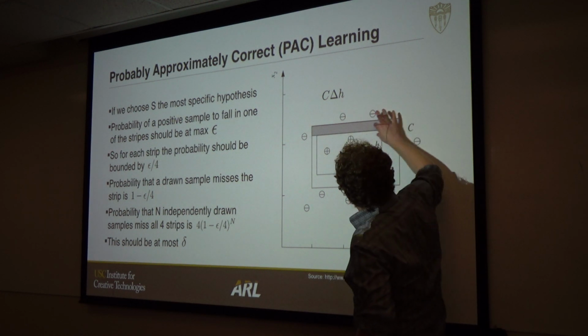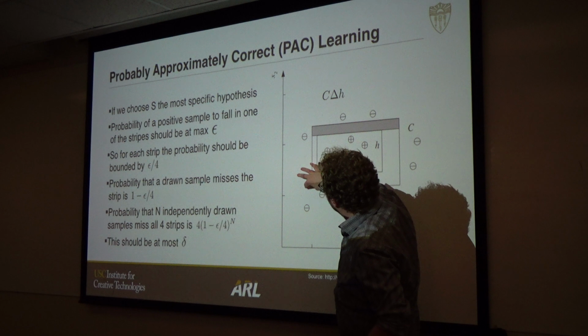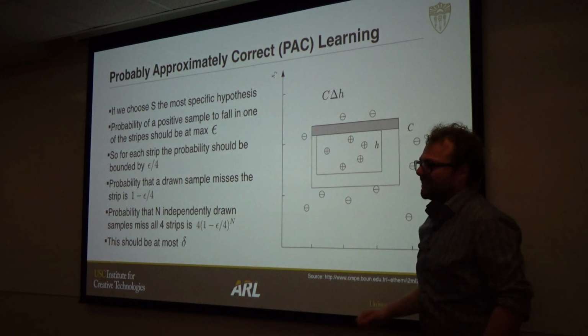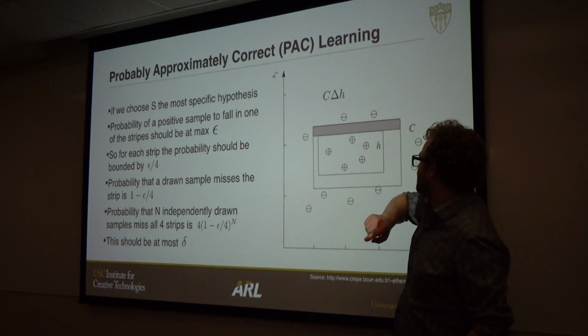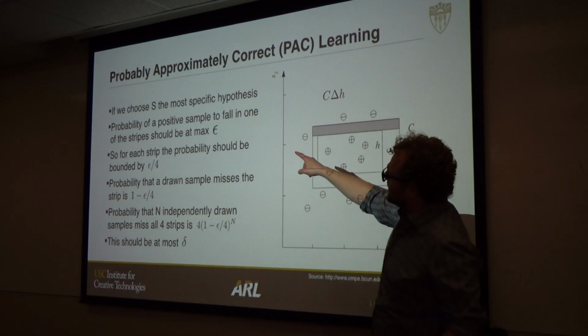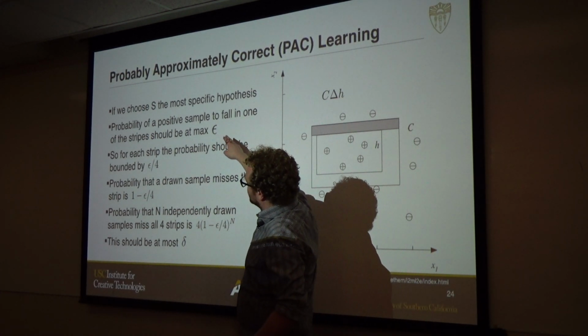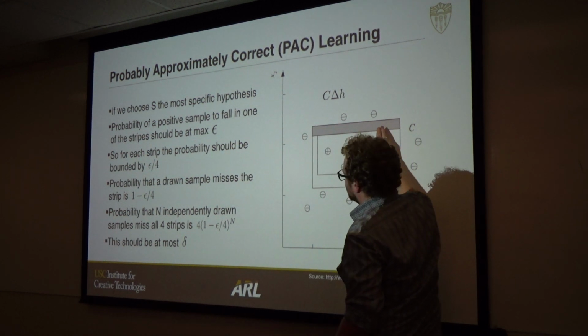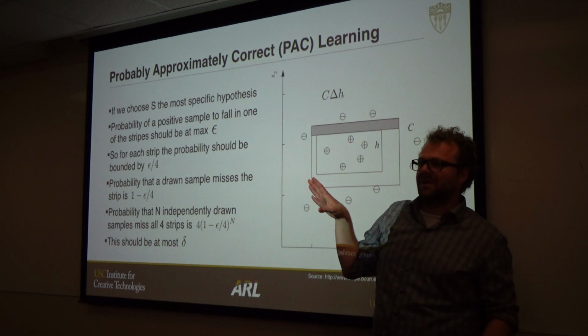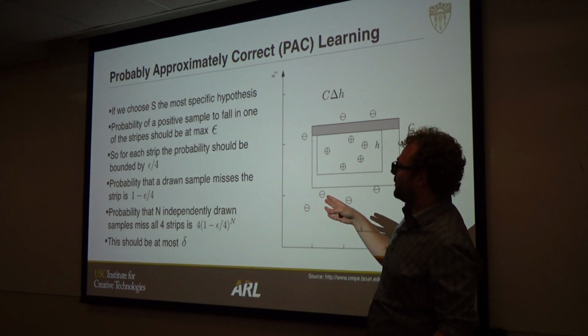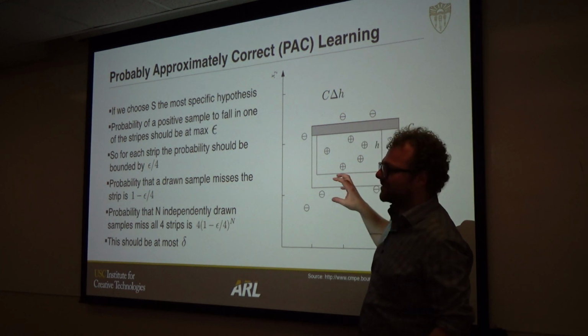This is one of the strips, this is another strip, this is another, and this is another. For a sample that we haven't seen yet, the probability of falling in any of these 4 strips should not be greater than epsilon. So each strip should have a boundary of epsilon divided by 4, because we have 4 strips, right?